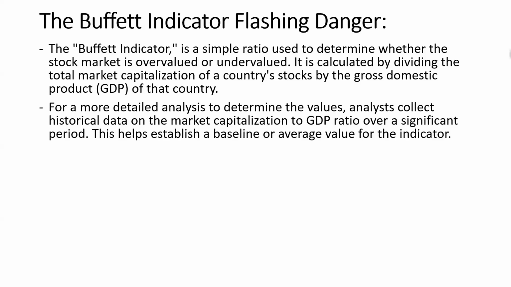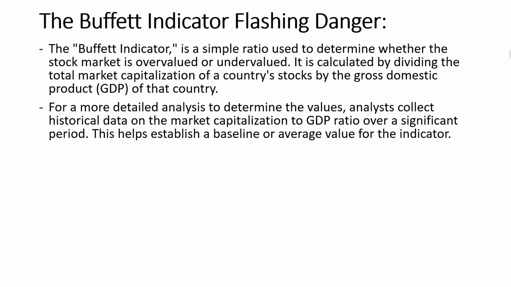Because GDP is the total monetary or market value of all finished goods and services produced in that country at a specific time, right? So when you divide that, you can actually know the whole market, your country and your stocks, what the ratio is like.